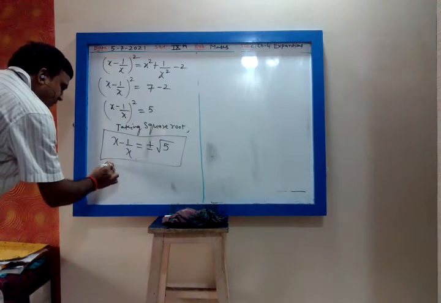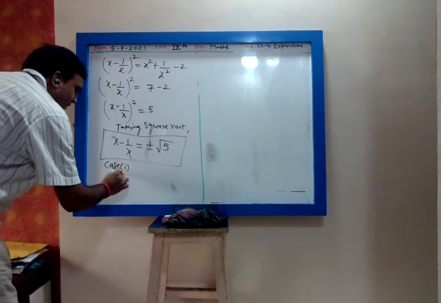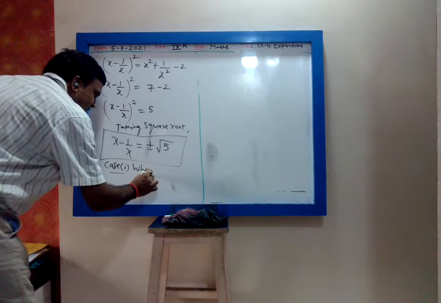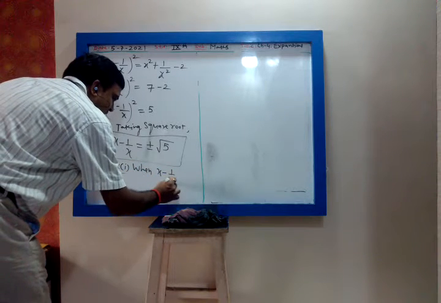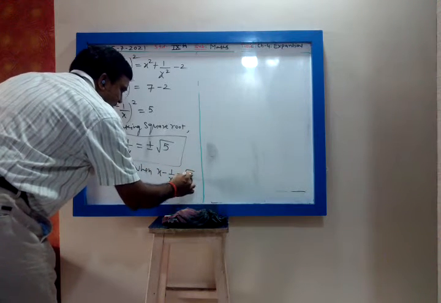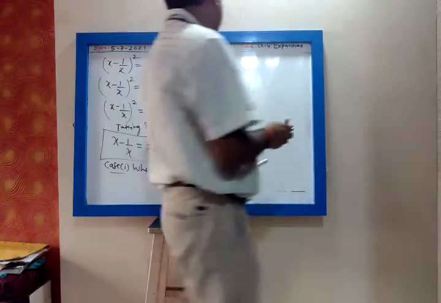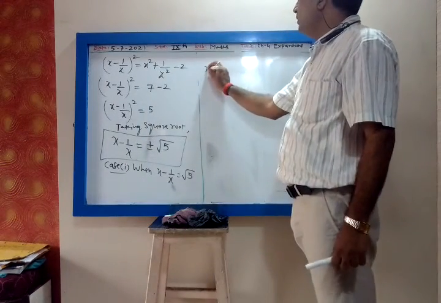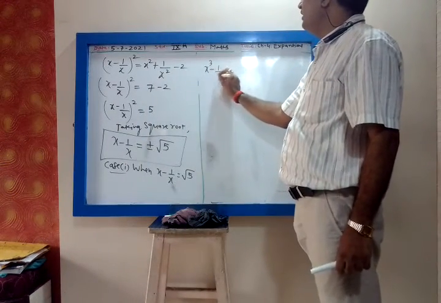Case 1, when x minus 1 upon x is plus root 5, we find what is x cube minus 1 upon x cube. You can use the formula directly.